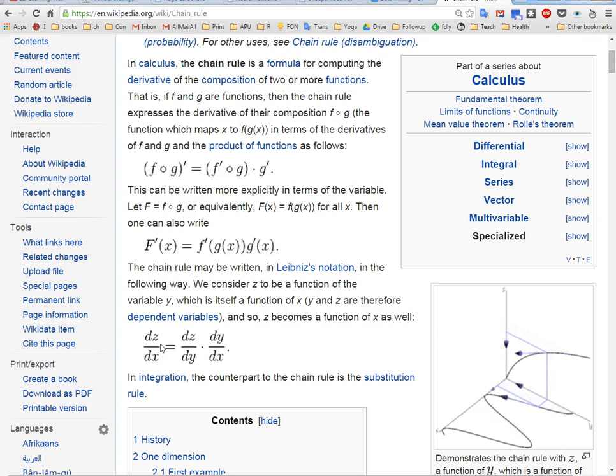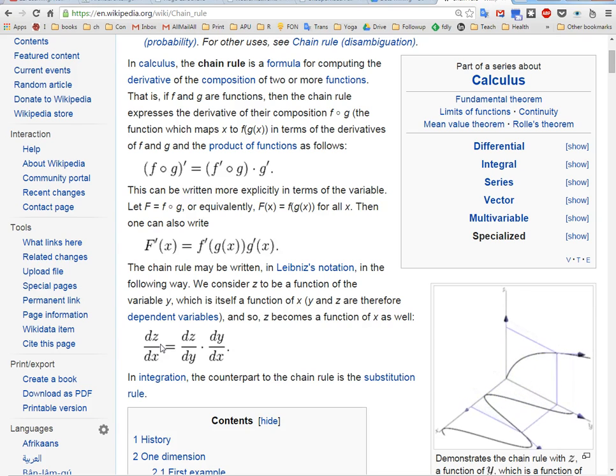Now if you had a longer chain, like z was a function of y, y was a function of x, and x was a function of something else, you could make a longer chain rule. And we might need something like that in our neural network. But the basic idea is this. We're asking, when we change x, how does z change?